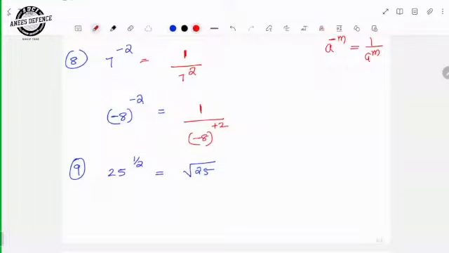If square root is given, we normally will not mention the 2 in this position. That is not required. If 2 is not mentioned, that itself means it is a square root. So it is square root of 25. 25 can be written as 5 raised to 2. This square and this under root 2 will get cancelled and you will get the answer 5.